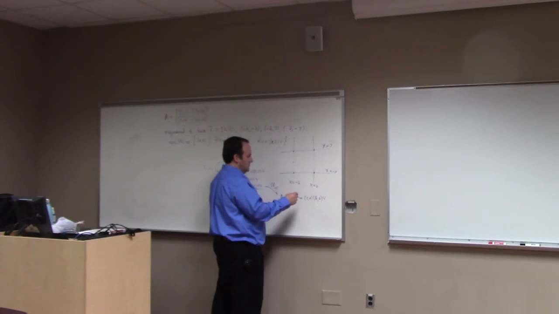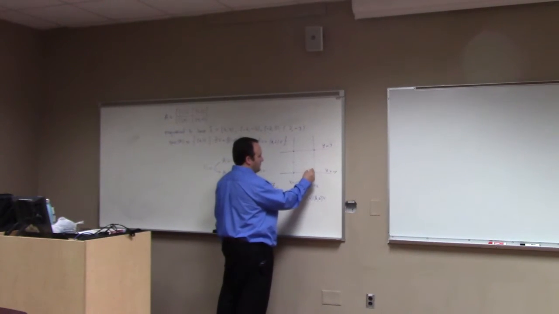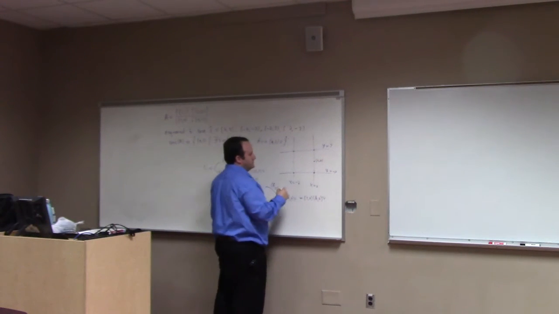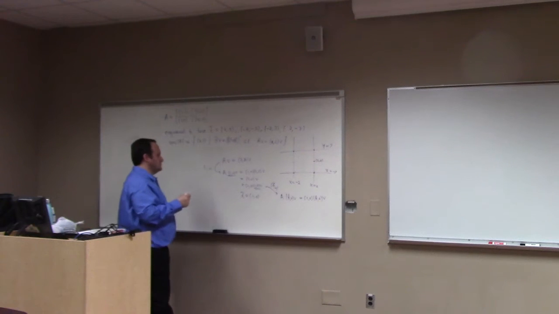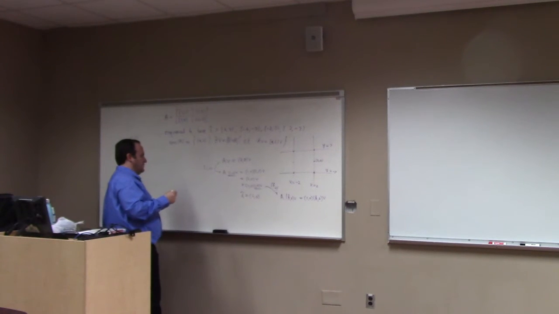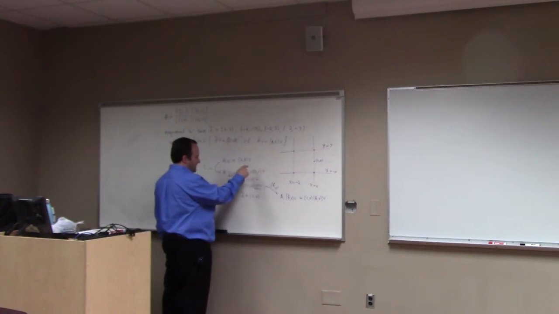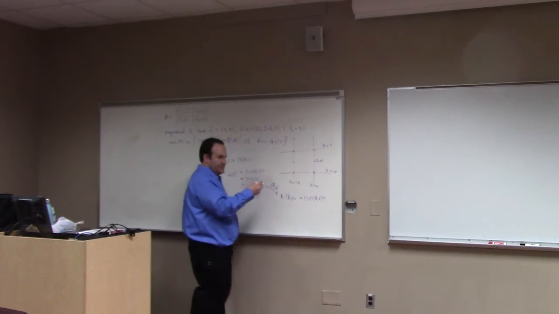what? Wait a minute, 2, 0, where's that? Oh, that's here, right? And I guess it's somewhat clear that if we put a minus 2, we'd get negative. So we get minus 2, 0 from the other root, right?